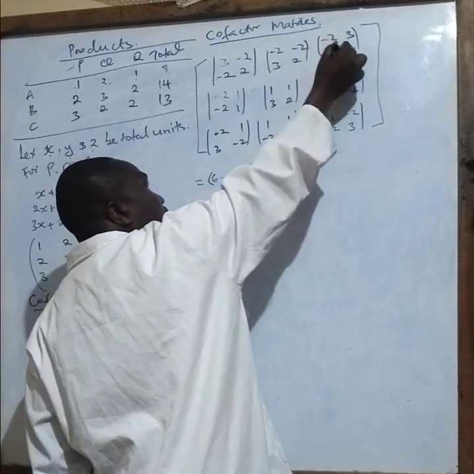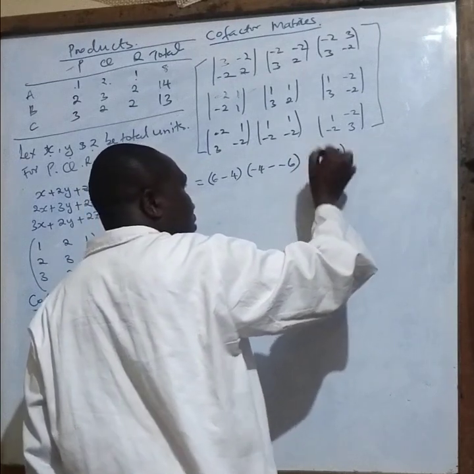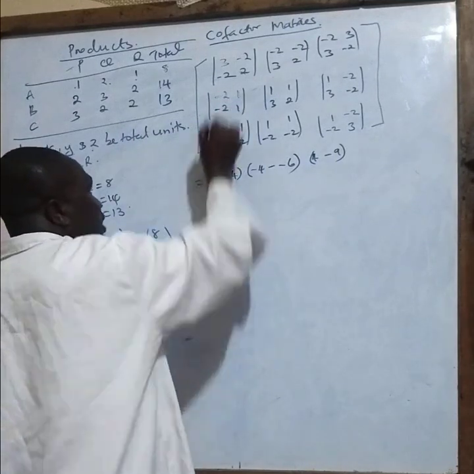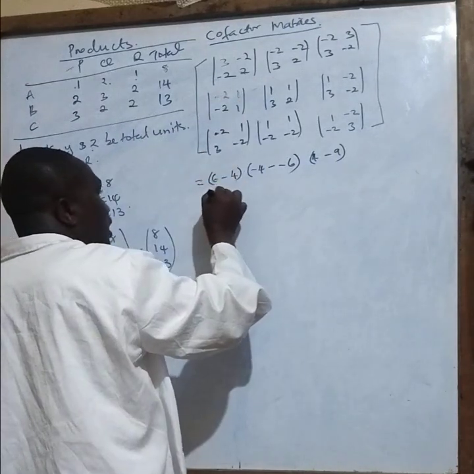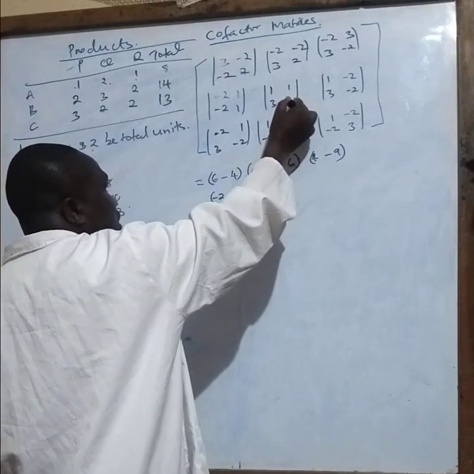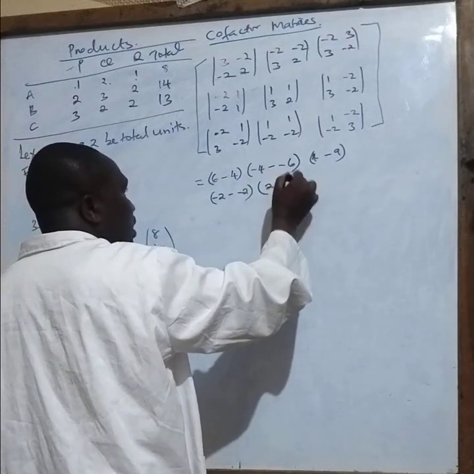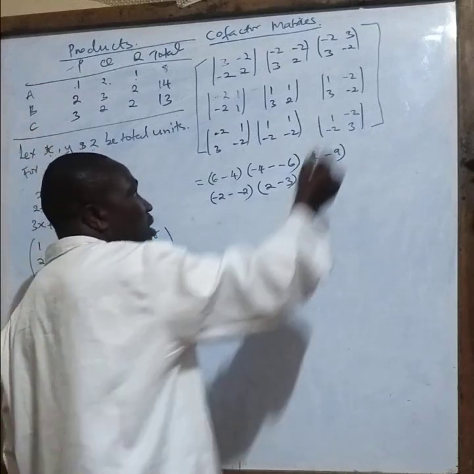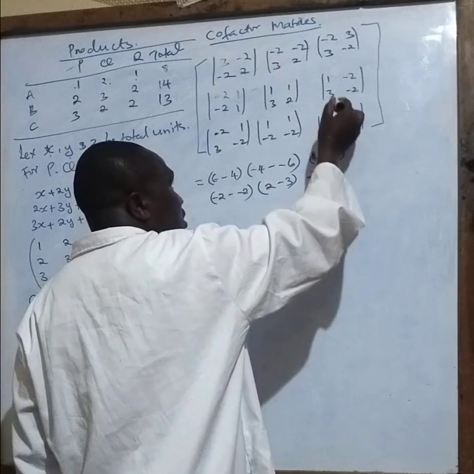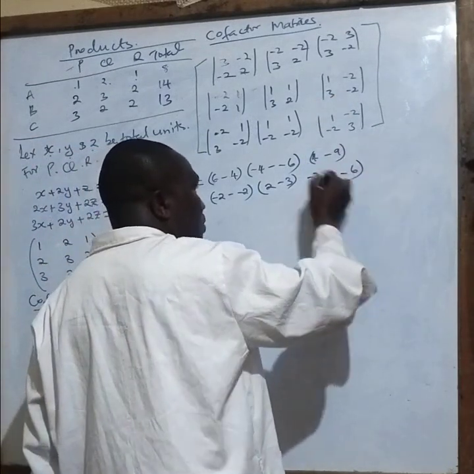Then negative 2 times negative 2, positive 4, minus 9. Second, negative 1 times negative 2 minus 1 times negative 2. Then minus 2. You go to this one, this times that, 2, minus 3. Then the last one, negative 2 times 1 is negative 2. Then minus 3 times negative 2 is negative 6.